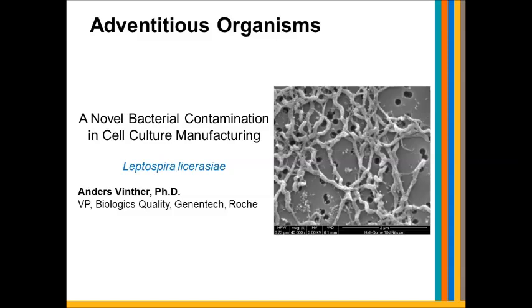Well, this is an interesting one that popped up. Genentech actually presented this at a recent PDA, and they found a 150 micron long leptospiral organism, which ended up actually coming from a drainage ditch outside their Vacaville facility.